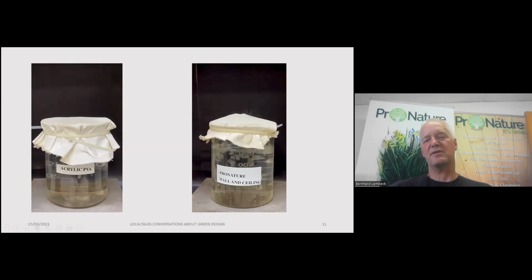And if we look on the other hand at a coating that is based on predominantly linseed oil in combination with lime and casein, you will see that after a certain boiling time, the steam actually comes out through the cloth on top.